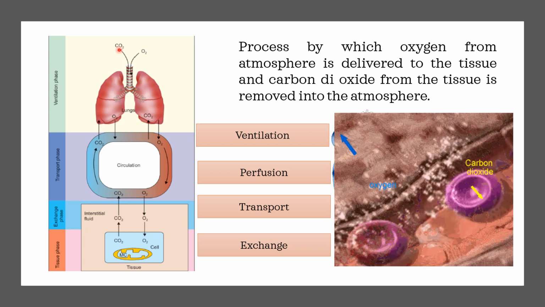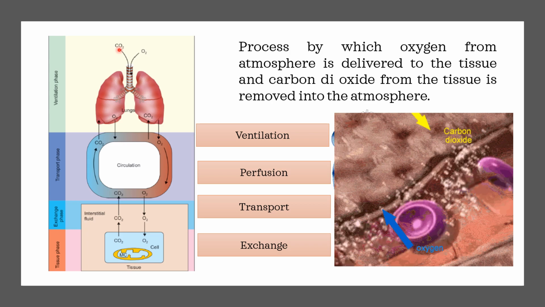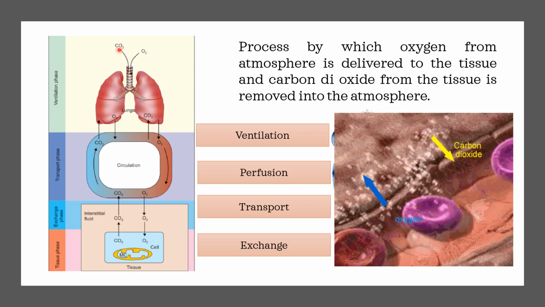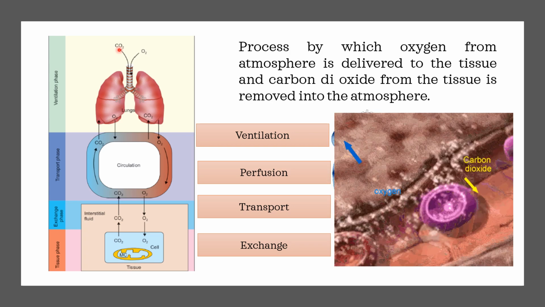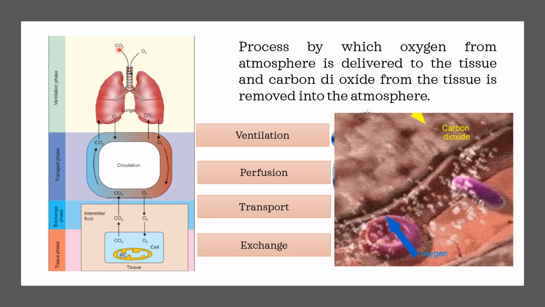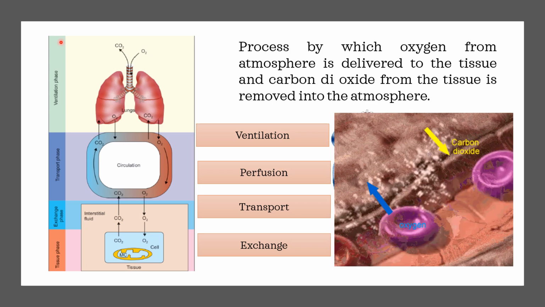So respiration takes place in 4 stages: ventilation, diffusion and perfusion, transport and exchange. In addition, the central nervous system has a kind of regulation on this whole process.